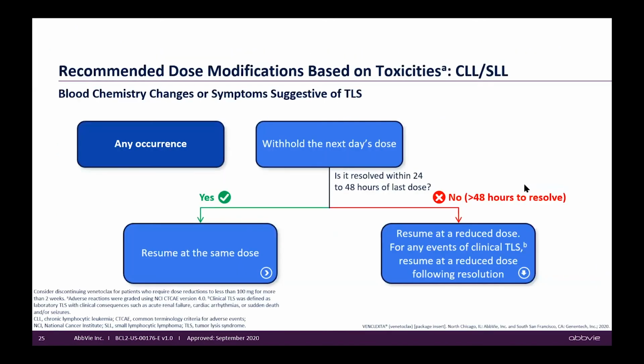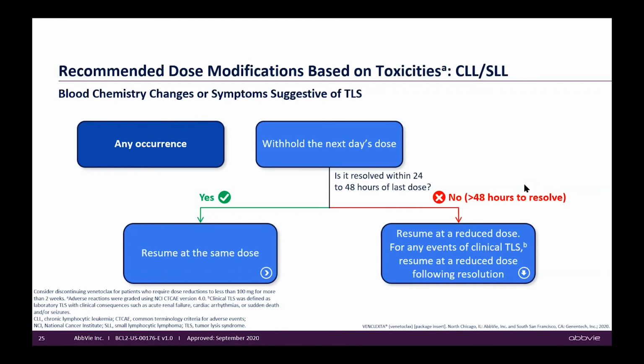Additionally, modifications may also be required in light of toxicities. In relation to TLS, if there are any changes in someone's TLS labs, blood chemistries, or symptoms that might be indicative of clinical TLS, then we would want to hold the next scheduled dose of venetoclax. Given how the labs look and whether the abnormalities resolve, if they resolve within 24 to 48 hours of the previous dose, we can just resume venetoclax at the same dose level.